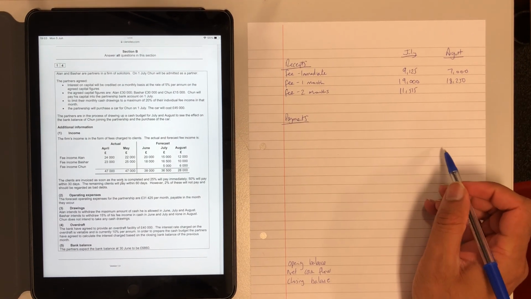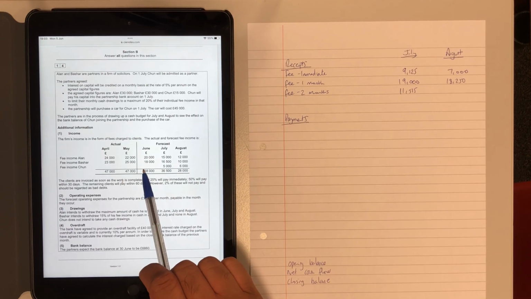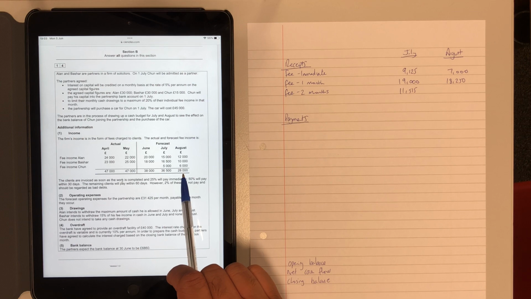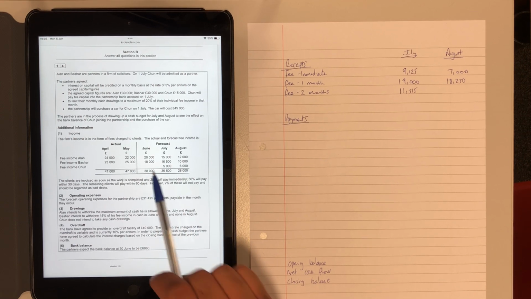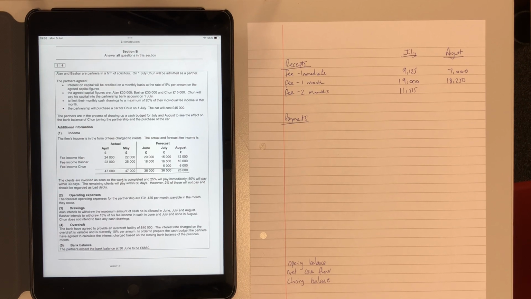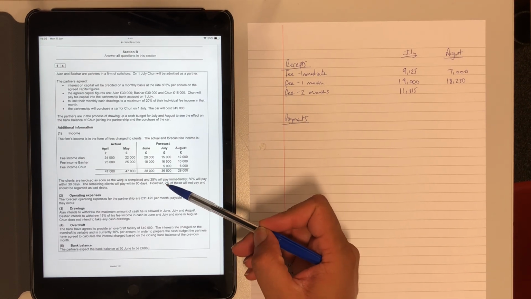18,250. And then you will have people from June who will pay in August, not July. They will pay in August. 25%. So 38 divided by 4 is 9,500. But 2% will not pay.